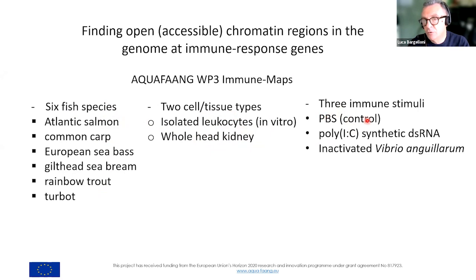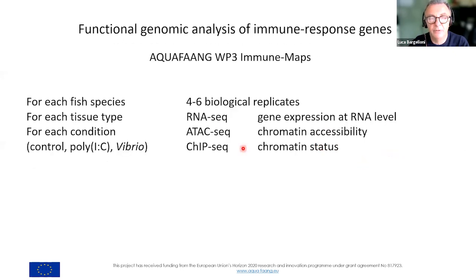One was the control, no stimulus, like a neutral buffer. Then we used poly-IC, which is synthetic double-strand RNA, which simulates a viral infection. And also a species of Vibrio, inactivated, simulating a bacterial infection. For all these different samples and conditions, we used four to six biological replicates, so different individuals or cells stimulated in a different way.